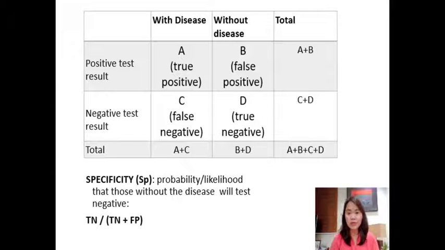So because our interest is looking at likelihood ratios, we can actually compute for likelihood ratios based on the sensitivity and specificity of a test. But remember that for any given test, we determine two types of likelihood ratios because a test can either be positive or negative. So we have to compute for both the likelihood ratio of a positive test and the likelihood ratio of a negative test.